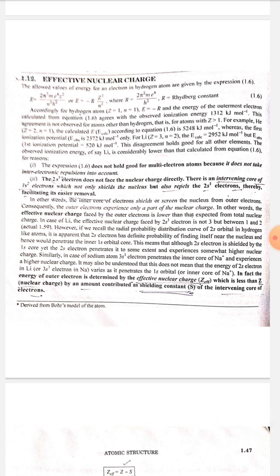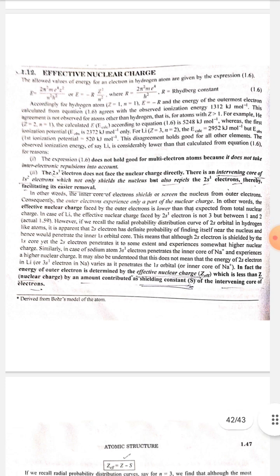This means that although the 2s electron is shielded by the 1s, yet it penetrates it to some extent and experiences somewhat higher nuclear charge. Similarly, in case of sodium atom, the 3s¹ electron penetrates the inner core of Na⁺ and experiences a higher nuclear charge.